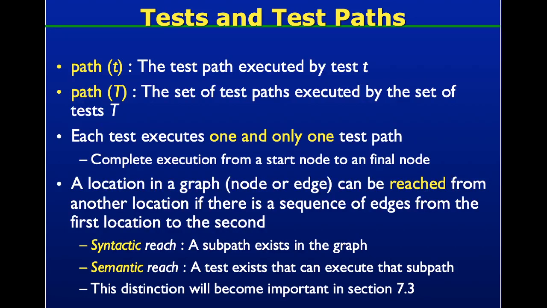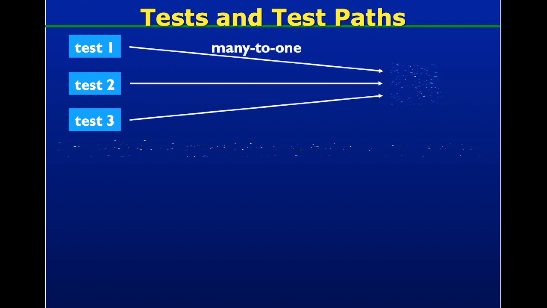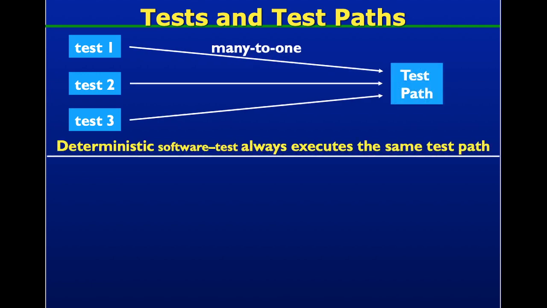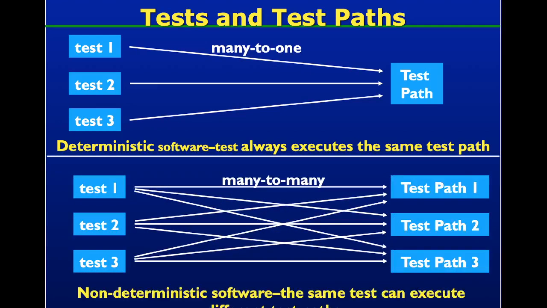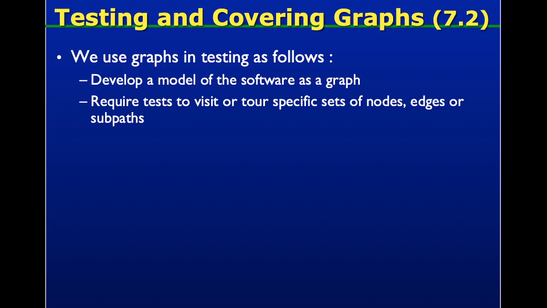Let's move on to the next slide. We can have a many-to-one test or a many-to-many test to test path. We usually use a graph as a developed model for the software, because graphs are easy to look at and easier to understand, and we can see every flow and data within a graph better than just looking straight at the code.